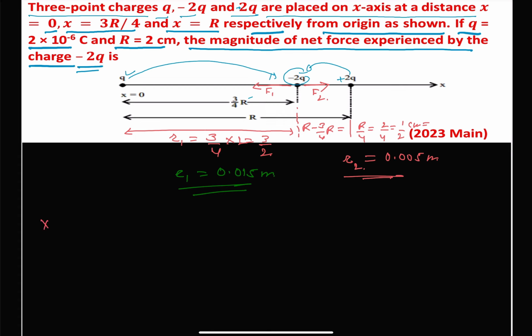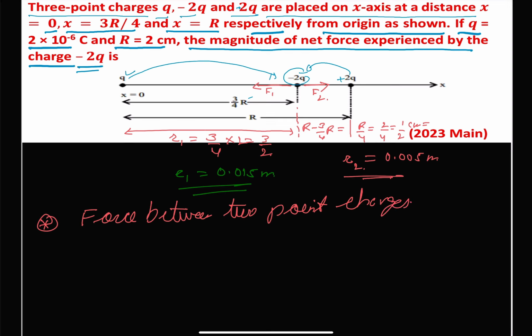So the force between 2-point charges, the general formula is F is equal to K Q1 Q2 over R square, where K is the constant with value 9 into 10 to the power 9.